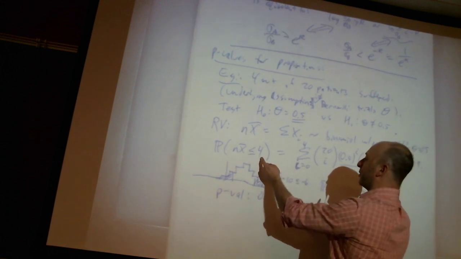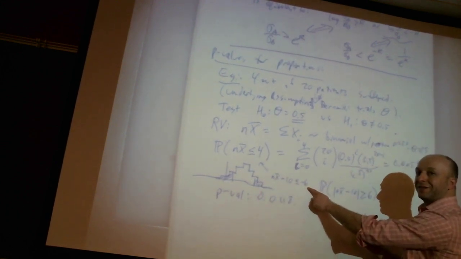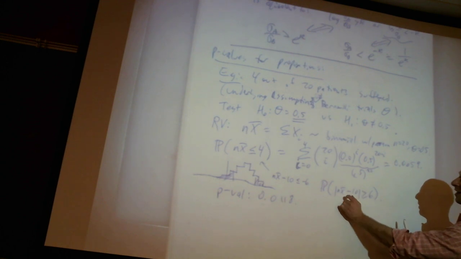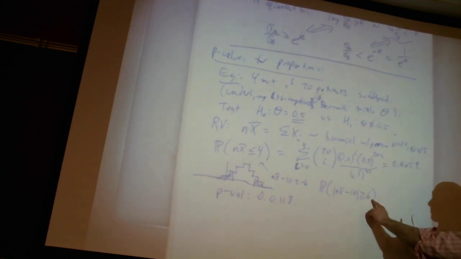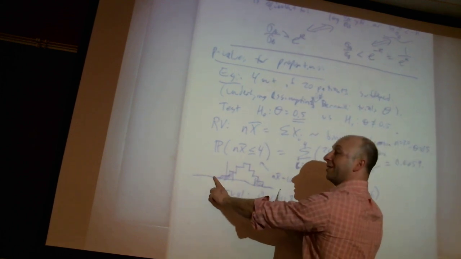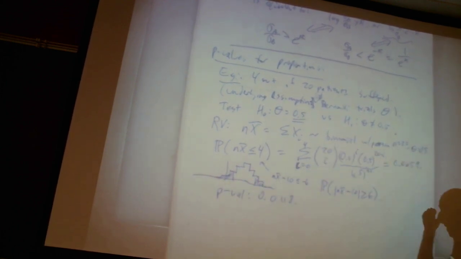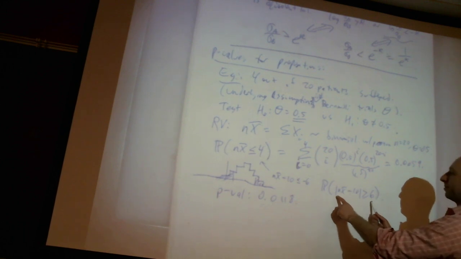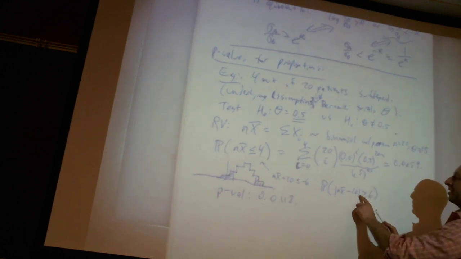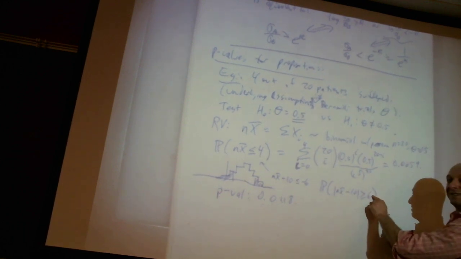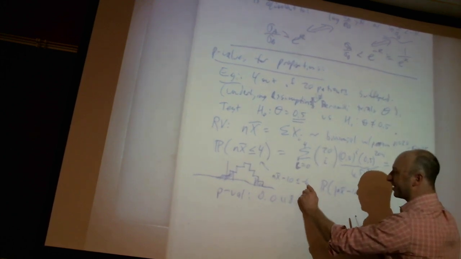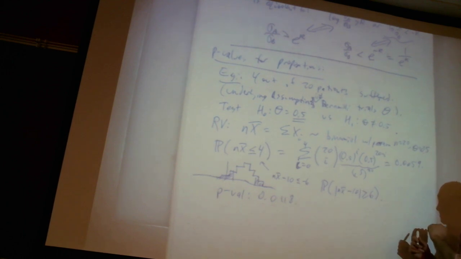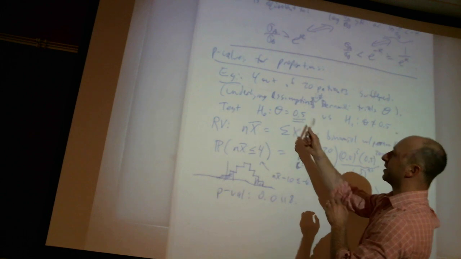We observed 4, which differs from 10 by 6. So what's the probability that whatever outcome you got differs from 10 by at least 6? That's the two-sided tail that we're testing. One side of it is nx greater than 16, and the other side is nx minus 10 less than -6. Because the assumption that we're testing against is 1/2.